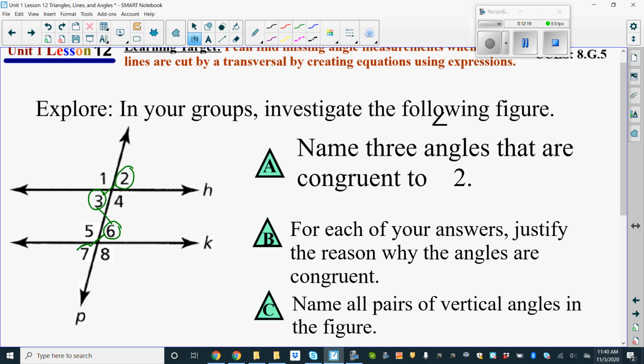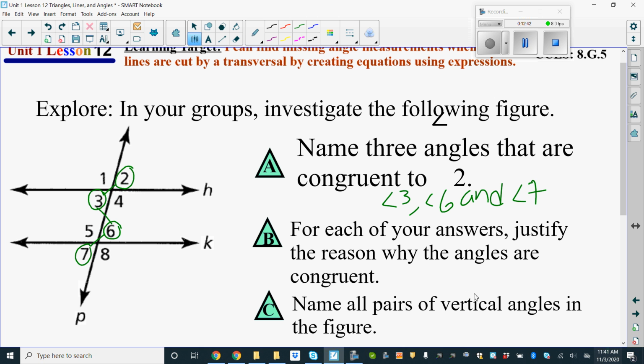And 6 crosses to 7, which is an acute angle. Every time you make a zigzag, you go across the transversal, and across the transversal. So the angles that are congruent to angle 2 are angle 3, angle 6, and angle 7.